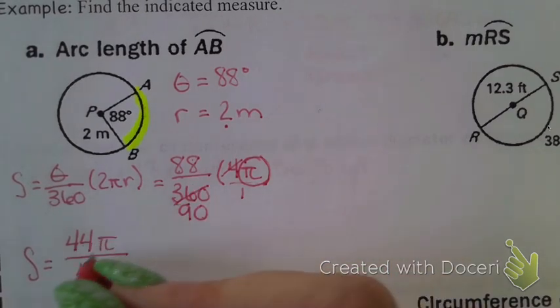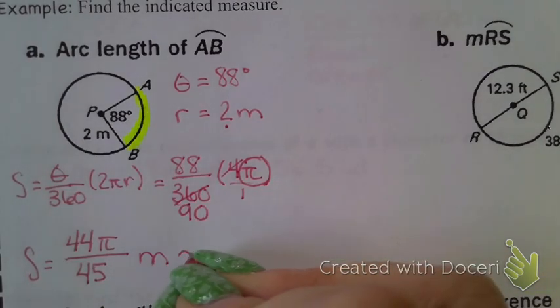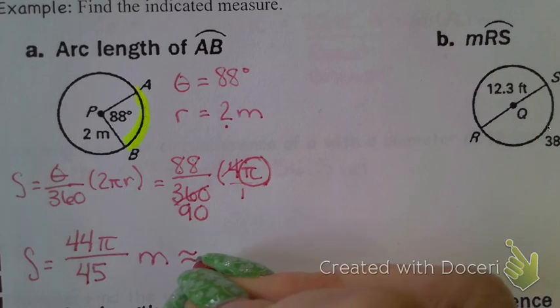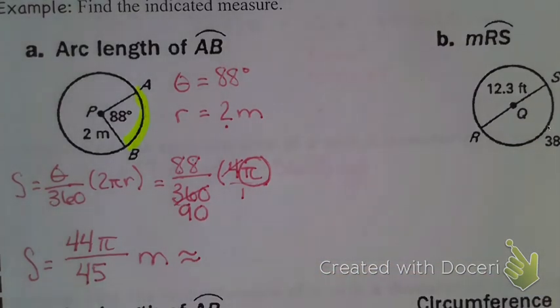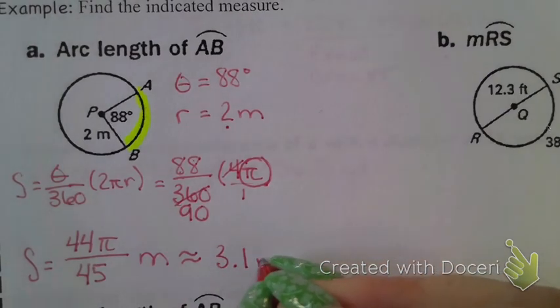So 44 pi over 45 meters. And what do you get? I get approximately 3.1 meters. How about you guys?